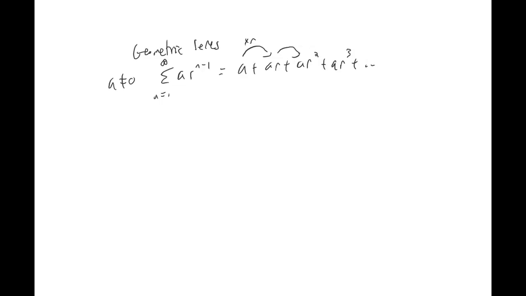Oh, okay. So it's just this, right? Hopefully you all see we're just multiplying by r to go from one term to the next. So this is what geometric is. Each term is obtained by multiplying the previous by a ratio.